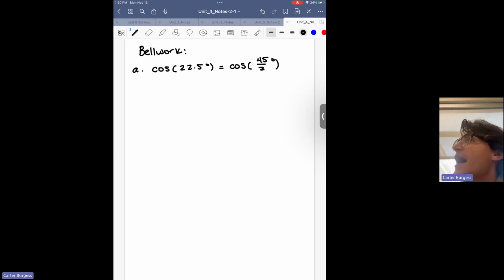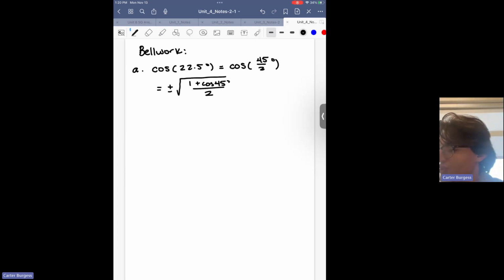And by our half angle identities, this is going to be plus or minus the square root of 1 plus cosine of this theta, 45 degrees, all divided by 2. What is cosine of 45 degrees?